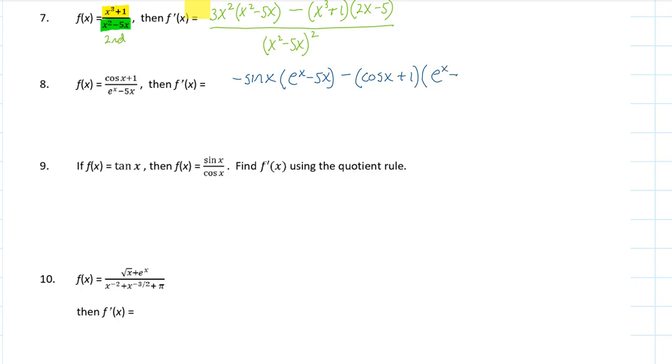The derivative of negative 5x is negative 5. Again, all over e to the x minus 5x squared. Well, let's keep going.